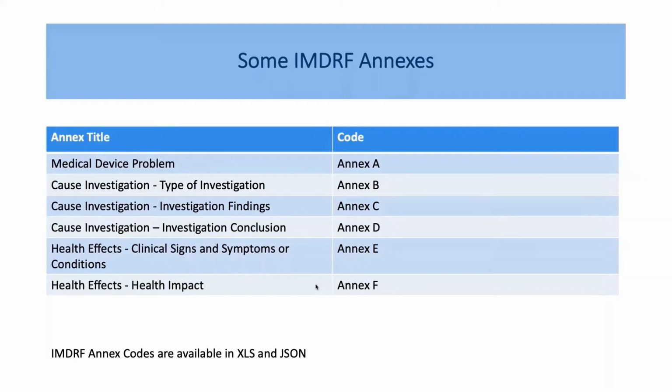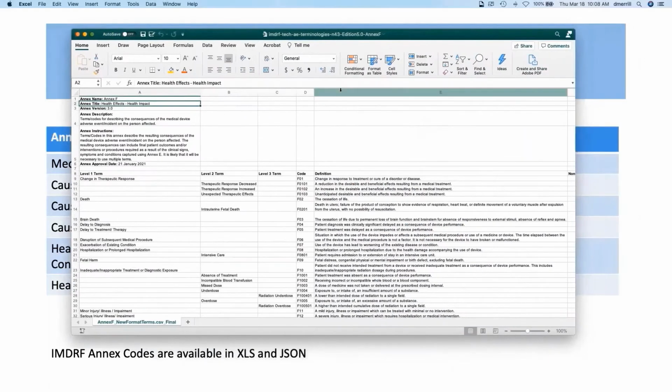One of the things that we'll see right away is that these Annex Codes are available in both Excel and a format called JSON. So when I said bypass Excel in using these regulation codes, I might actually have to reverse that for my first comment, because if I looked at, for example, what is used to produce this information, what's coming out of the IMDRF, it is in fact an Excel file.